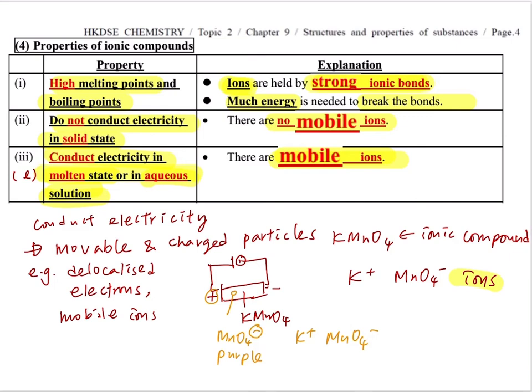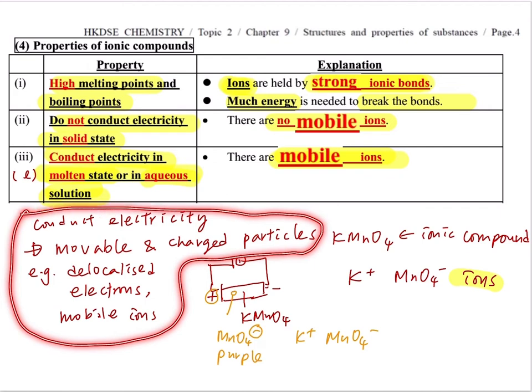Alright? And then number 2, ionic compounds do not conduct electricity in solid state. So firstly, maybe you listen first before you copy anything.